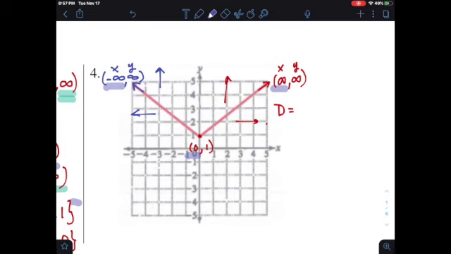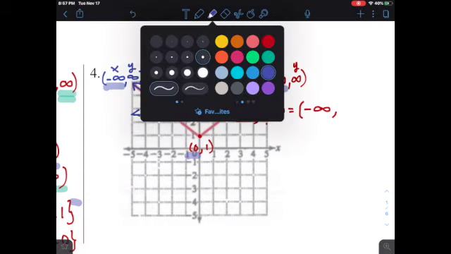Which one is the smallest? Oh wait, it's not 0. It's actually negative infinity that goes on forever. So therefore, your domain starts at negative infinity. So therefore, remember we put down parentheses. So negative infinity. That's your x.